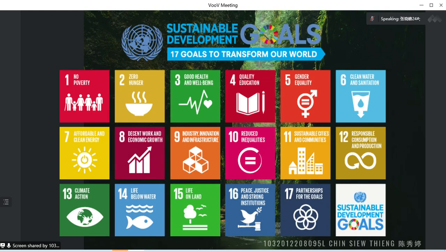We can see that there are so many goals in the SDGs, and I think each item should be endeavored for by us human beings, especially for those from the least developed countries, some of the countries in Sub-Saharan Africa.